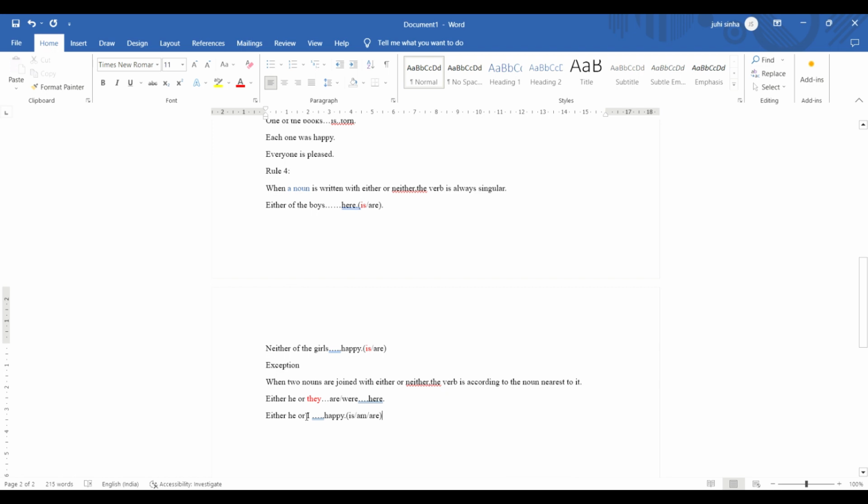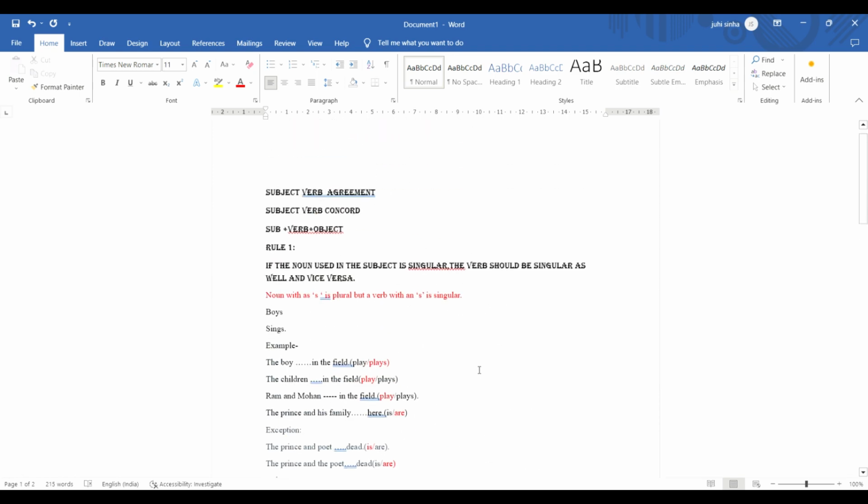Because the verb to be filled is near I, the verb will be am. So what is this rule? When two nouns are joined with the help of either or neither, the verb is according to the noun nearest to it.